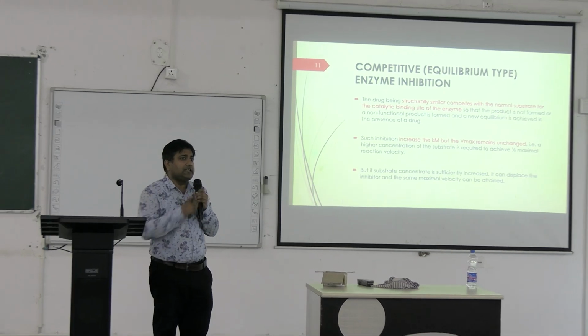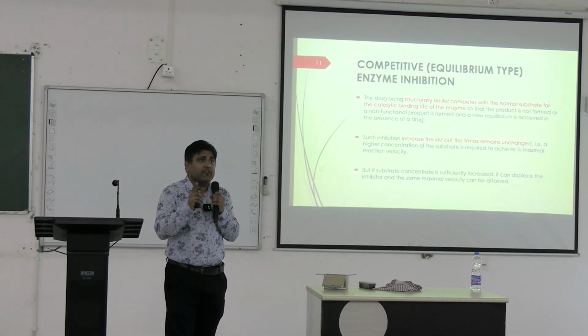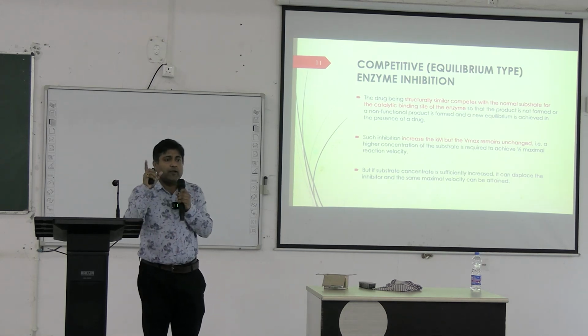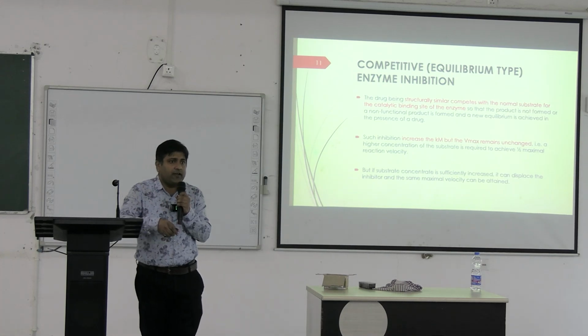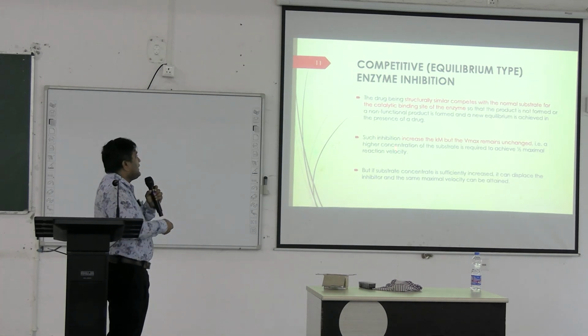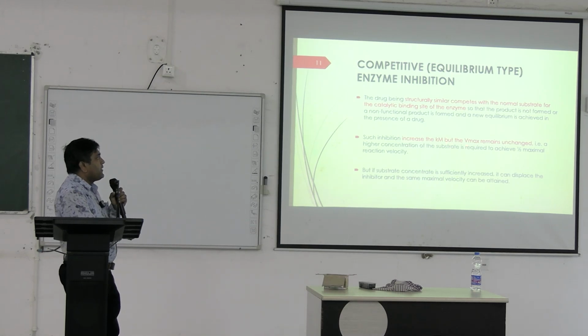But what about the Km? Km is the concentration of the substrate required for half maximal velocity. As the competitive inhibitor is already there, more substrate is required, so the Km will increase.